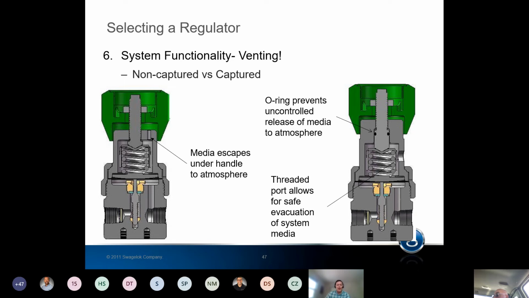Where you have a more hazardous gas or an enclosed space, or anywhere that operator safety is paramount, you can opt for a captured vent version. What we do there is seal up the stem and include a threaded port, which allows folks to put in a fitting or whatever else to connect to the regulator.